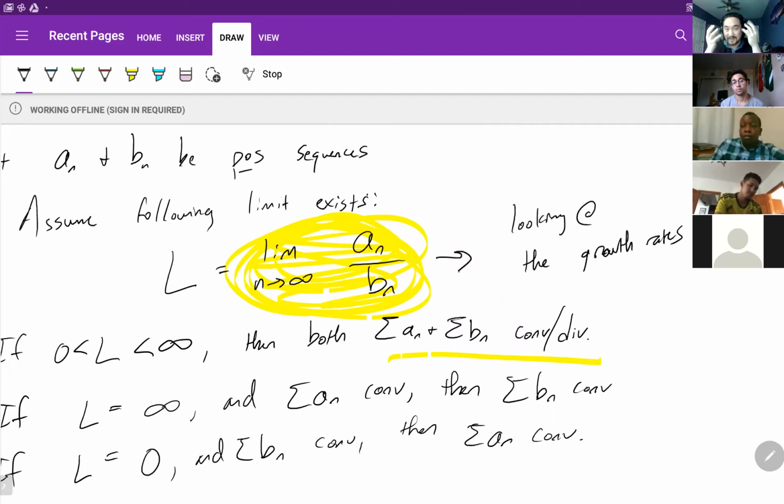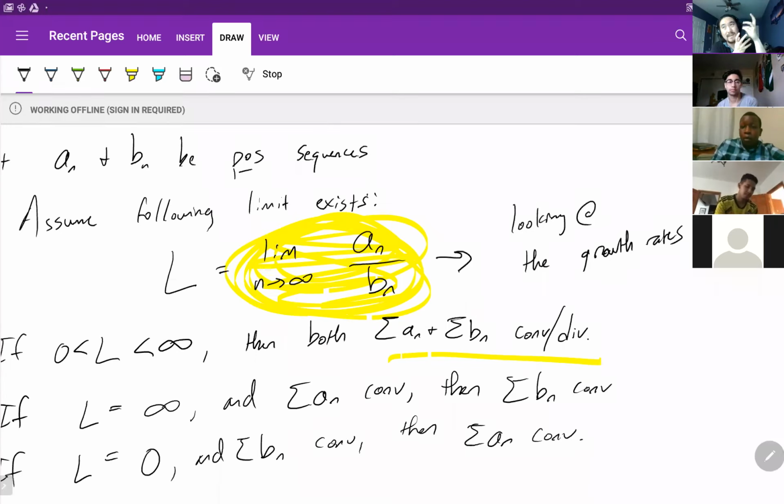Think about it. If I get a limit of 2, let's say I took one sequence, put it over the other sequence, and it equals 2. What does that mean the relationship is between A sub n and B sub n? That they both do the same thing. Can you be a little more specific? That they'll both reach 2.